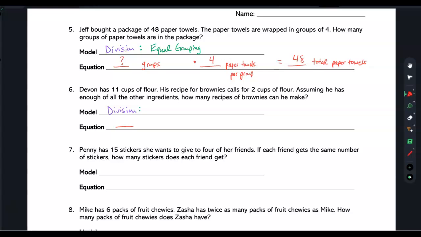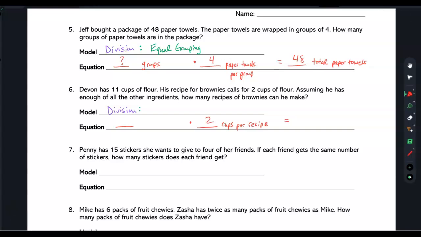So this is going to be the first number times the second number is going to be either cups per recipe or recipes per cup. I think cups per recipe makes sense. And I know what that is, right? It says his recipe for brownies calls for 2 cups of flour. So I know it's 2 cups per recipe.